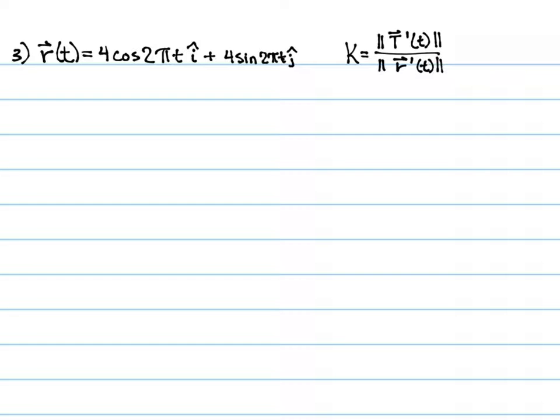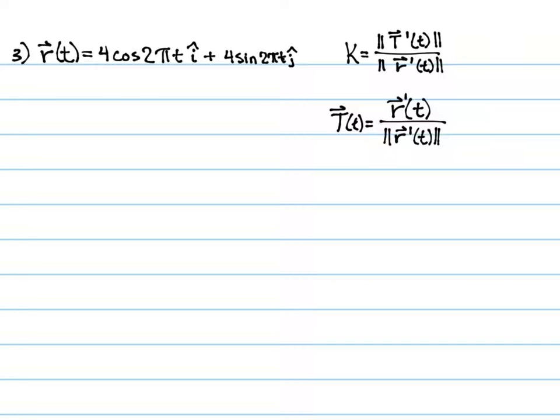Let me write that in here as well as a reminder. T itself is found as the position vector derivative divided by its magnitude. So these are all the components that we're going to need to put things together.